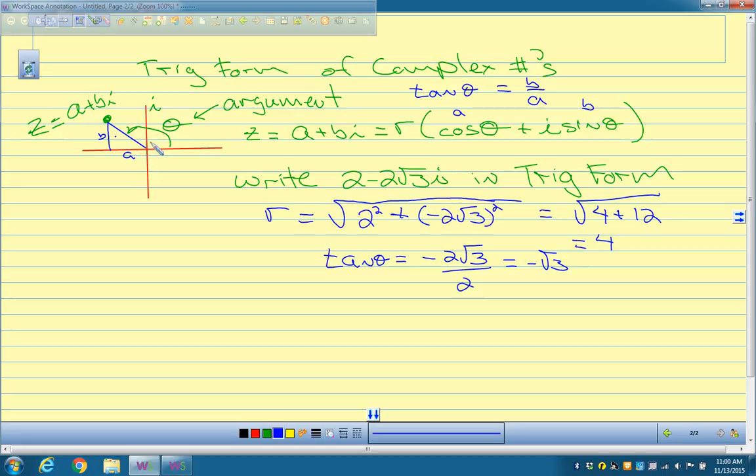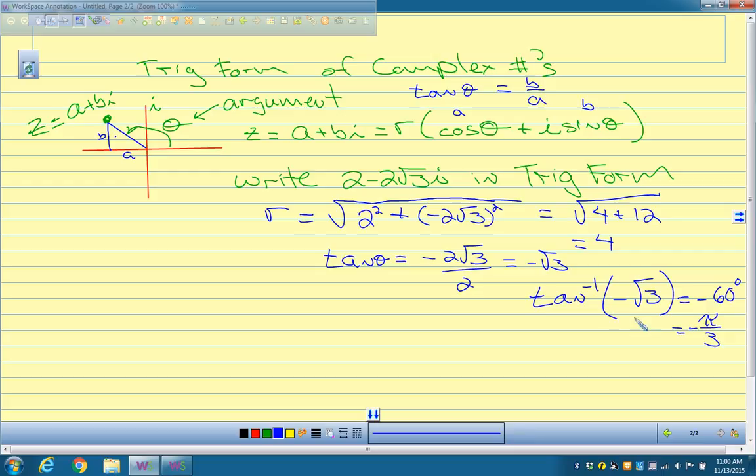So to find this angle I'm going to use opposite over adjacent, just like when finding the angle for vectors. If you use your calculator, inverse tangent of negative root 3 gives you negative 60 degrees, which is equal to negative pi over 3 radians.